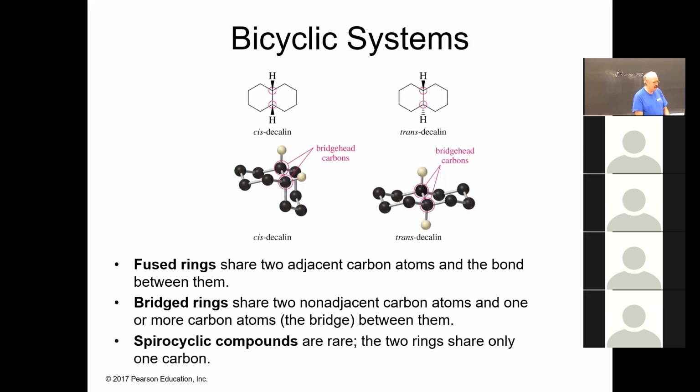Okay, spiro compounds. I didn't see a slide with the spiro compound. This is the last thing I'll talk about. Spiro compounds will share 1 carbon, like that.